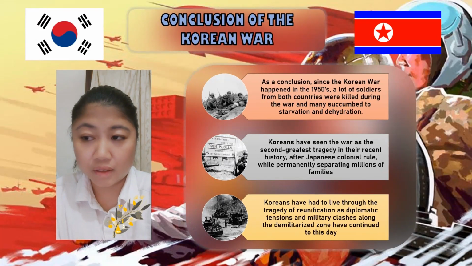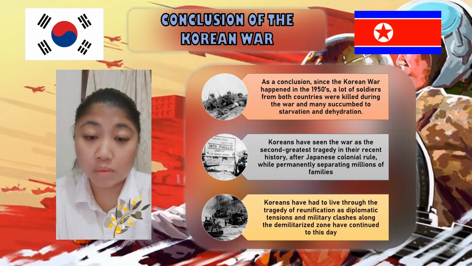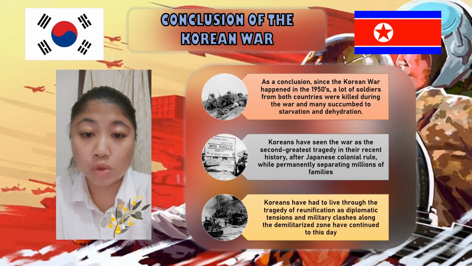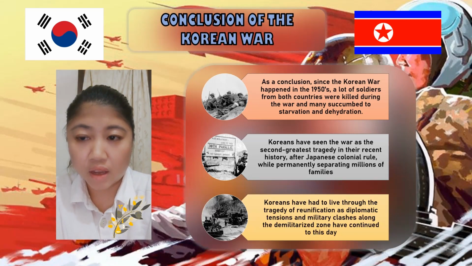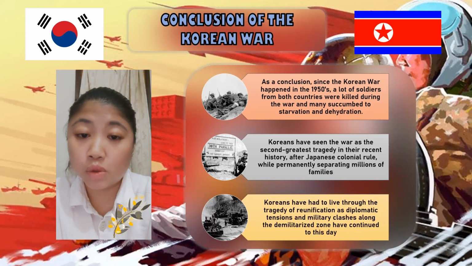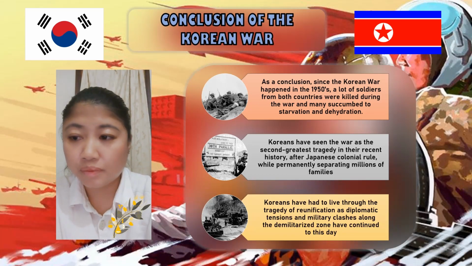As a conclusion, since the Korean War happened in the 1950s, a lot of soldiers from both countries were killed during the war and many succumbed to starvation and dehydration. This happened when the United States soldiers, who suffered from logistics and supply problems, were unable to withstand the heat and were often forced to refill their drinking canteens from rice paddies that had been fertilized with human waste.